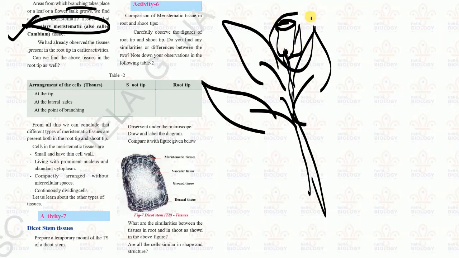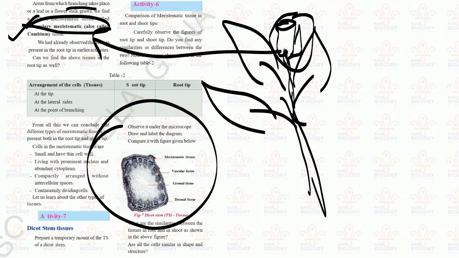These flowers are usually grown by intercalary meristematic tissue. In the next class we will discuss the dicot stem. It is most important. Under activity 6 and 7 we will discuss this. As of now this is important, and we will meet in the next class.